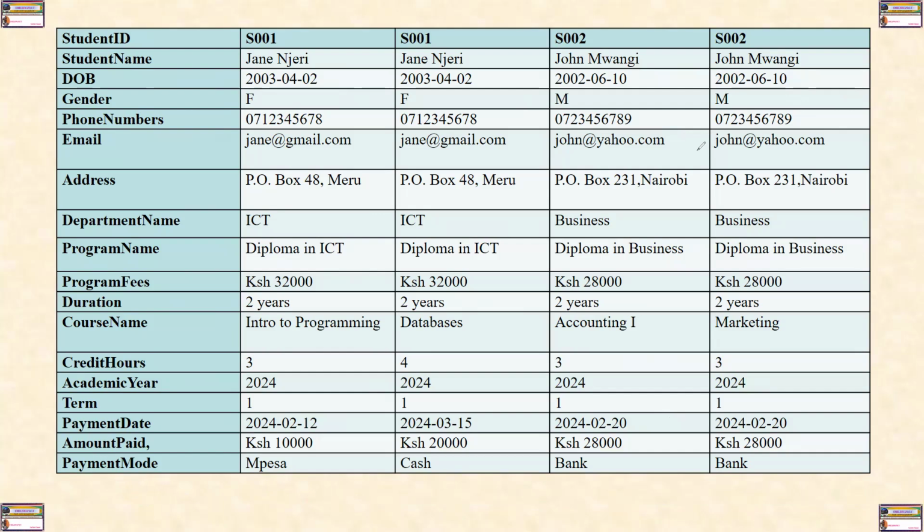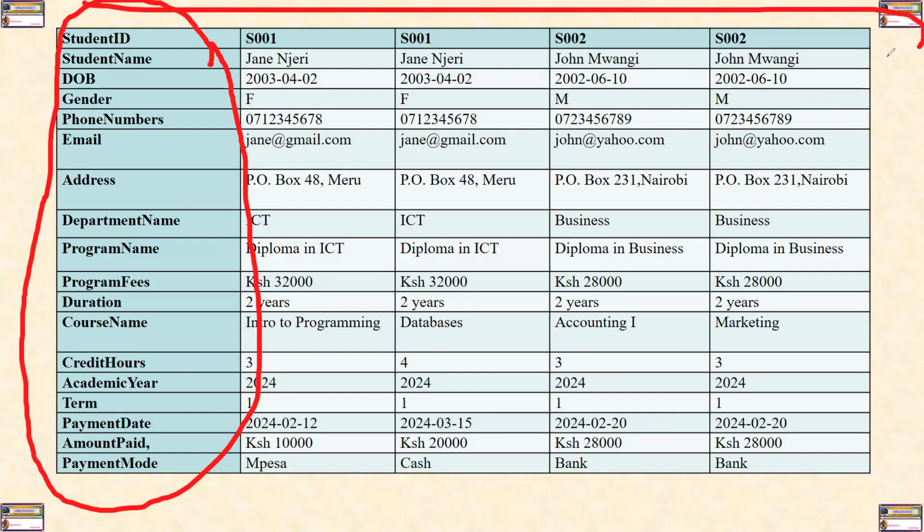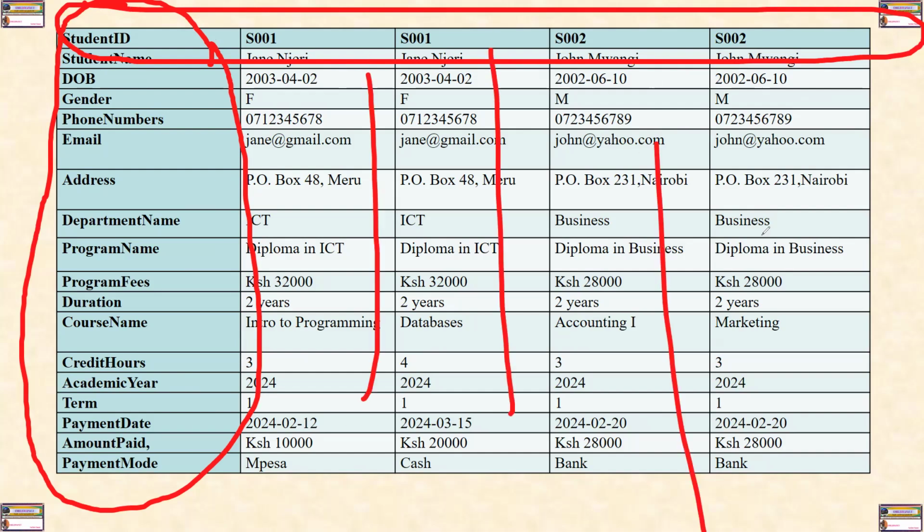And one thing I want you to note, my dear students and the rest of the learners, concerning my method of demonstration for this table: in a real sense, these fields would not be on this side, but on this side, so that the data would be moving this way in the form of rows.